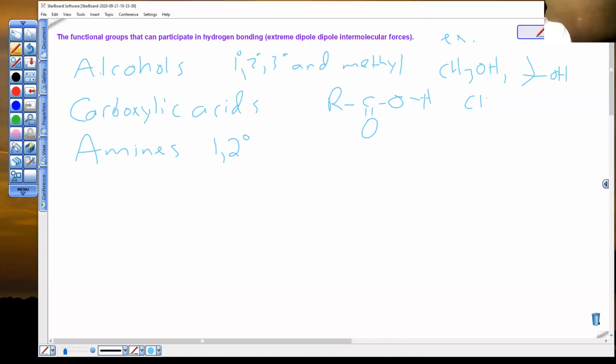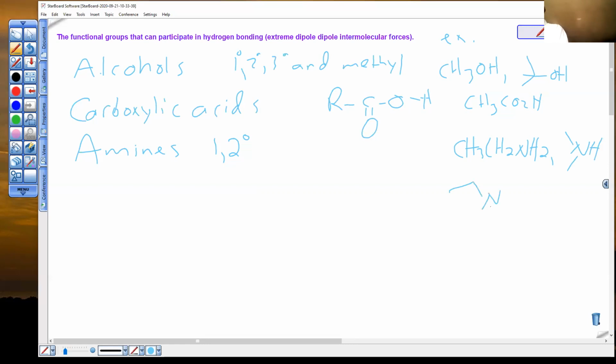let's do examples over here. Carboxylic acid, there's a short form. Primary amine, we can do ethanamine. Secondary amine, we can do dimethylamine. I'm going to cross this one off.